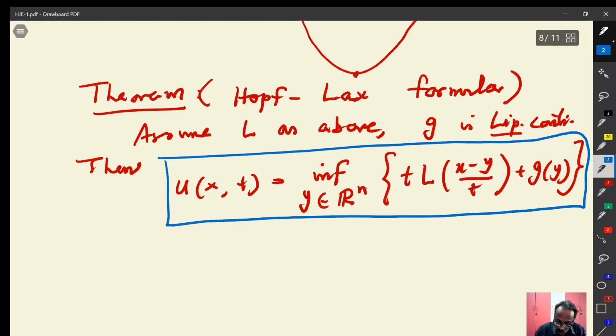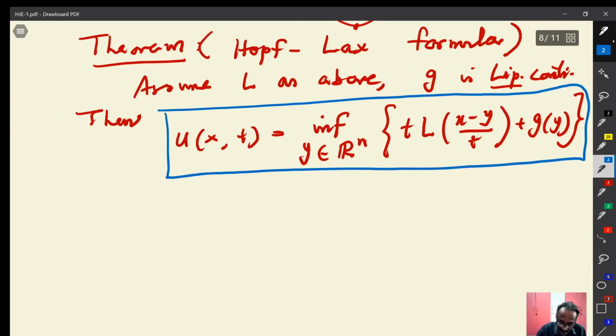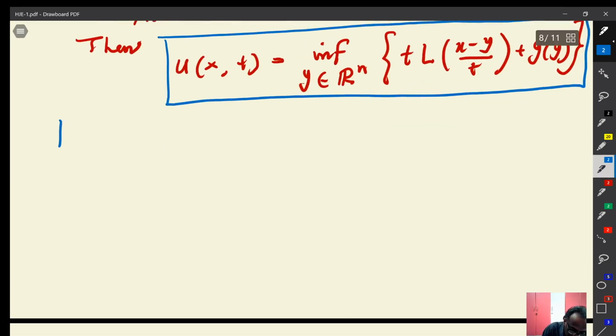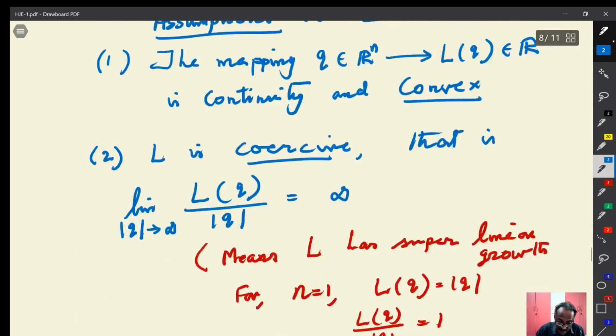Maybe I'll try to give a quick proof so that I don't have to recall it here. The other properties I will recall in this thing. Some ideas we already introduced. So let y be in R^n, x and t are already fixed. You see, this is a minimization in R^n. You have to understand the difference.